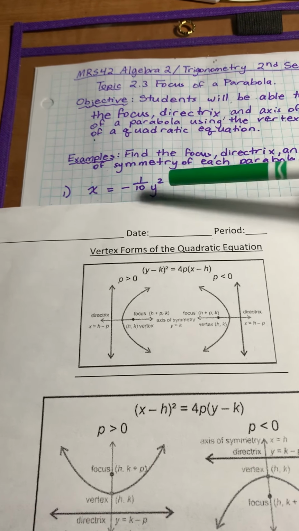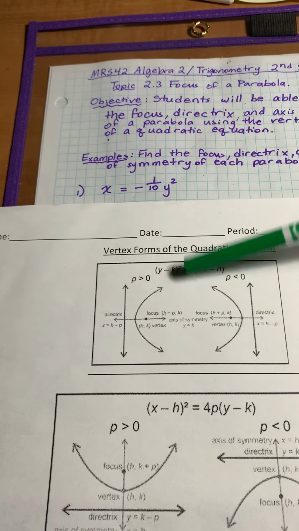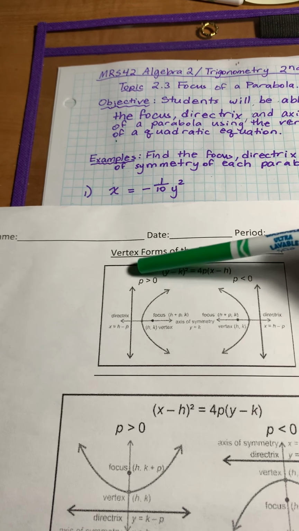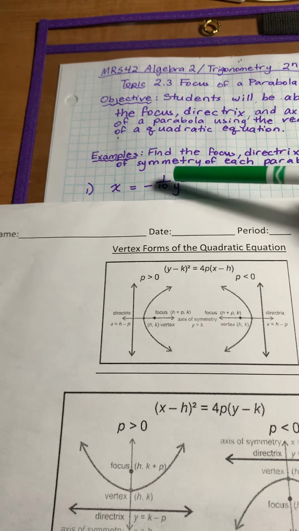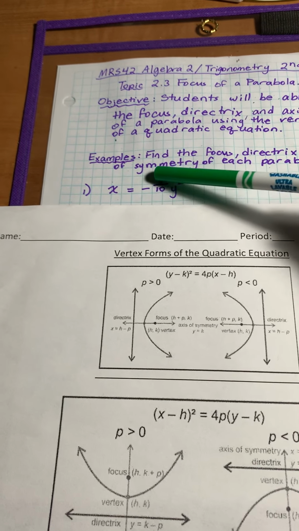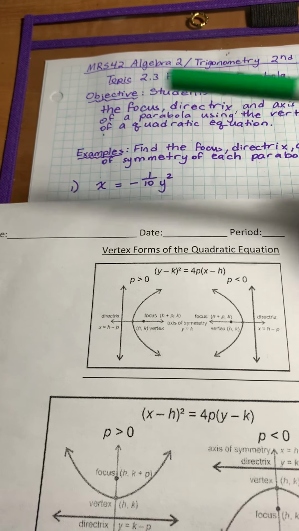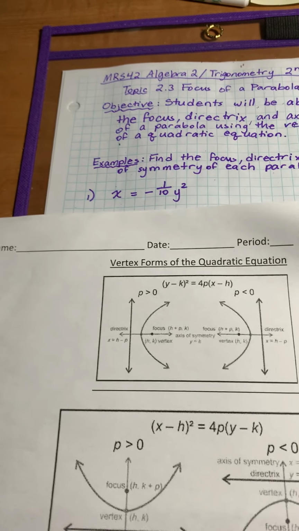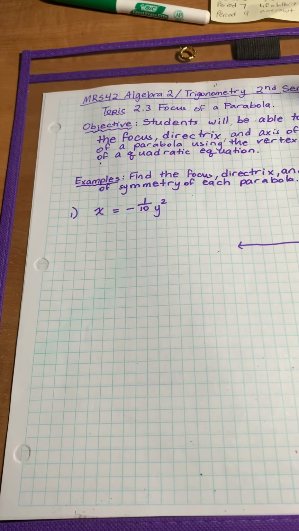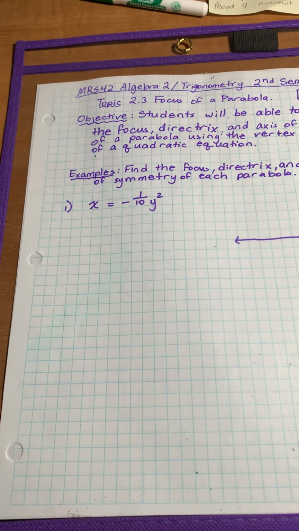Now, compare these. The y squared has nothing being multiplied to it, so we want to move this negative 1/10 over to the other side. To do that, we're going to multiply by the reciprocal. We've seen problems like this before.